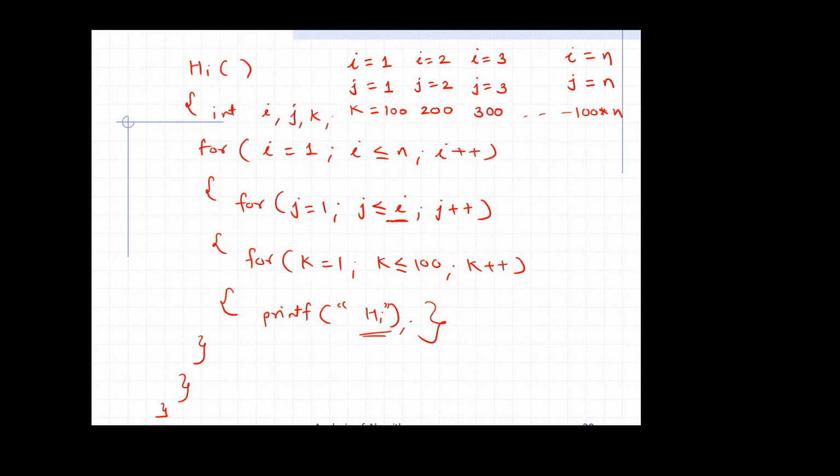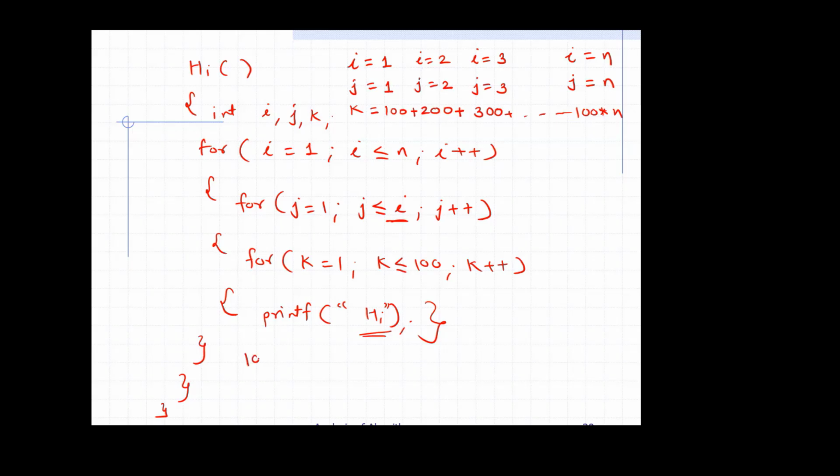So now what we have to do is, this is my outer loop. So the actual number of times hi is going to get printed is this value when i was 1, plus when i was 2, plus when i was 3, plus up to 100 multiplied by n. Now this value we have to calculate. That is going to give us the time complexity in terms of n.